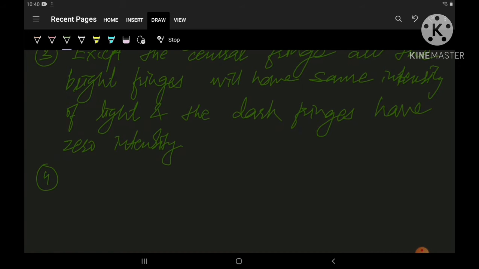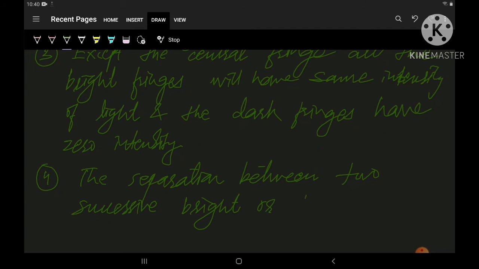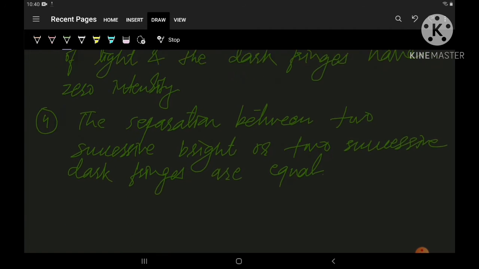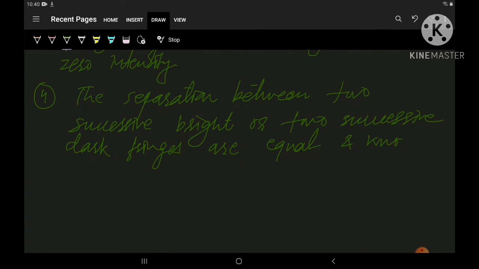Fourth one, the separation between two successive bright or two successive dark fringes is equal and known as fringe width.